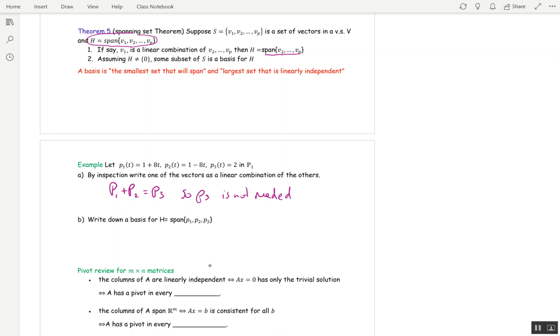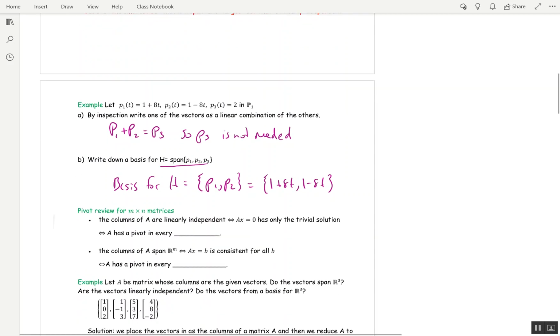If we let H be the span of p1, p2, p3, then p3 is extra. So we could take as our basis p1 and p2. Now, how do I know they're linearly independent? Well, p1 is 1 plus 8t, p2 is 1 minus 8t. One of those polynomials is not a multiple of the other, so they're linearly independent.